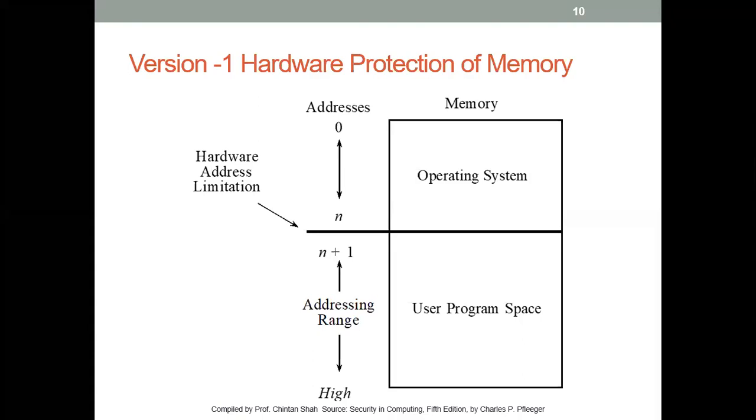But here there is not a problem, because you have a limitation that the user program will not be able to run in the operating system space. So memory address will not be given to the operating system, and because of that, yes, you might have a buffer overflow on the user program or on the user data, but the buffer overflow will not happen on the operating system. It means your operating system will never come down.